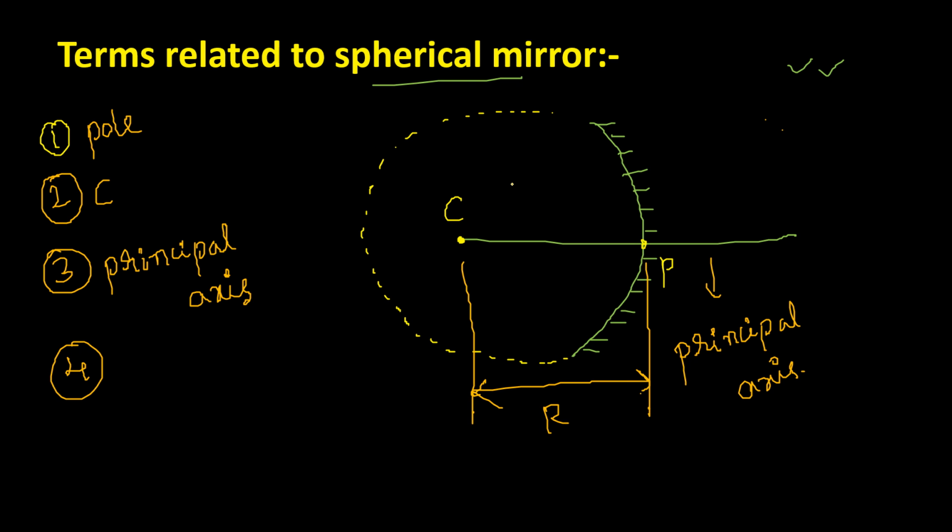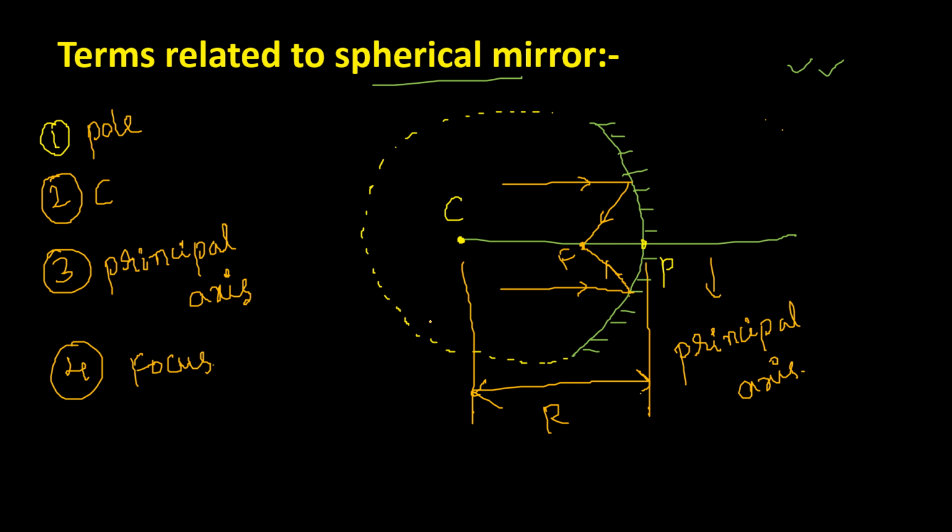After reflection, all light rays will meet at one point on the principal axis, that is called principal focus, or simply focus.